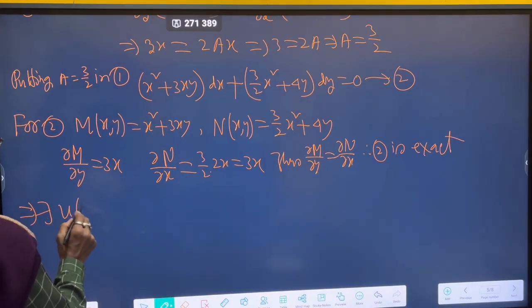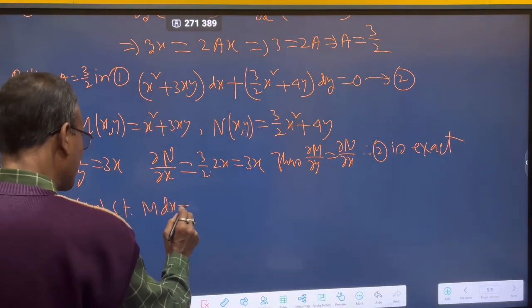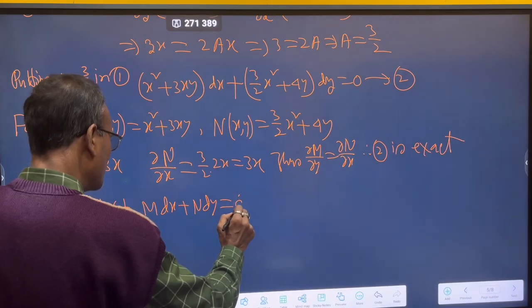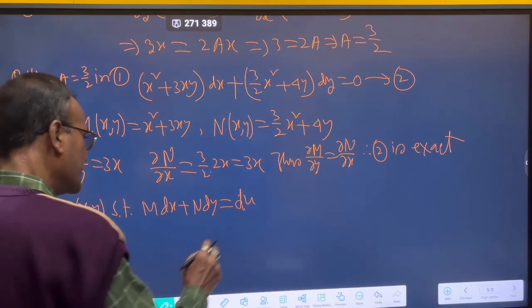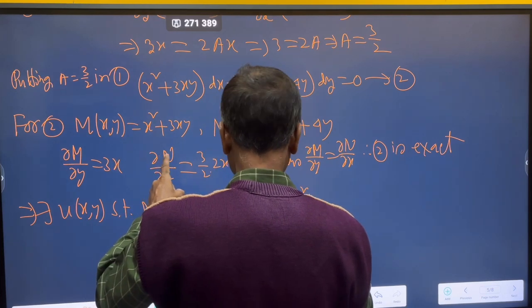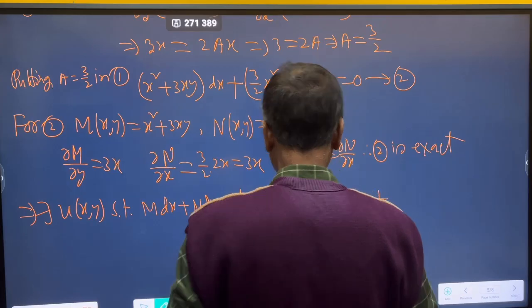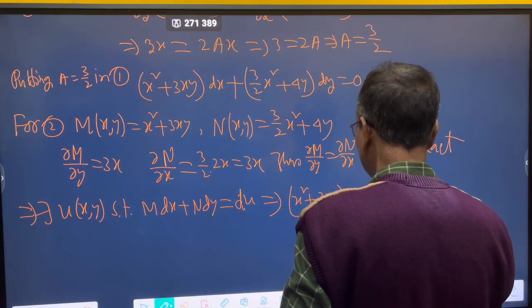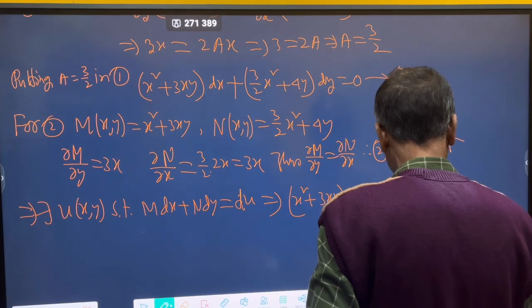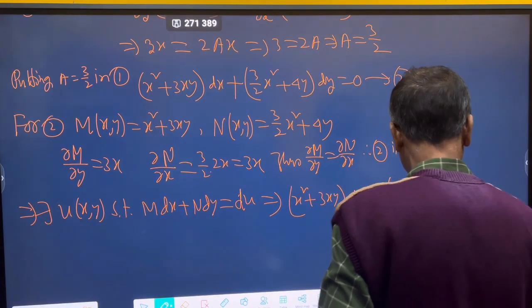a function u of x y such that M dx plus N dy equal to du. This means that x square plus thrice xy dx plus 3 by 2 x square plus 4y dy is equal to du.